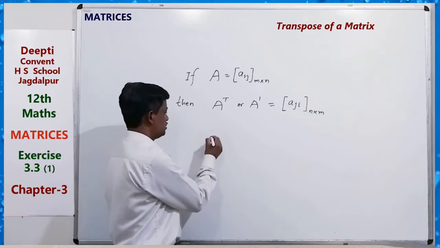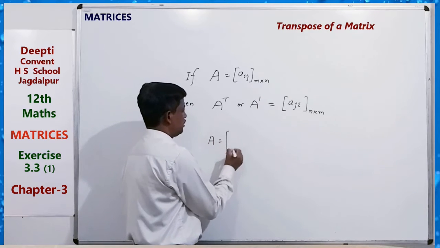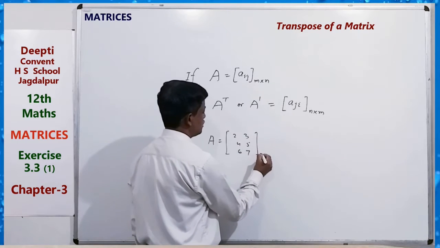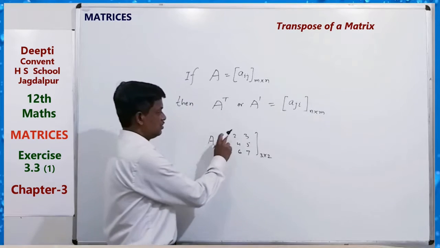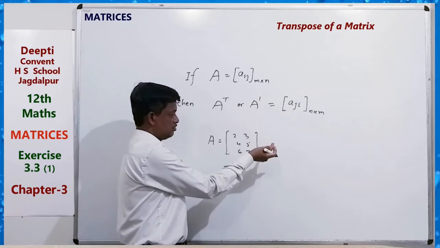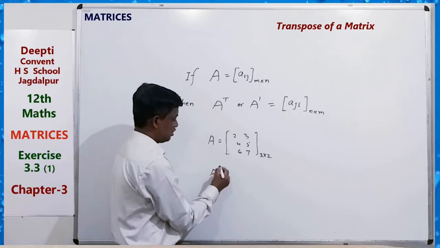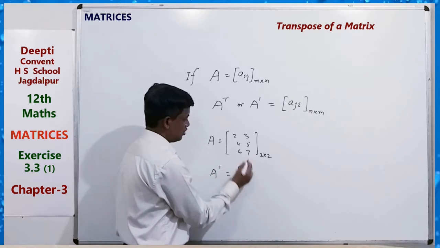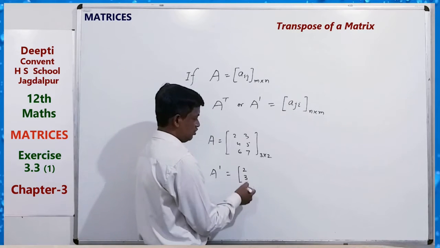For example, suppose we have a matrix 2, 3, 4, 5, 6, 7. This is a 3 by 2 matrix. So just this row is transferred to a column, means row 2, 3 elements are transferred to column 2, 3.